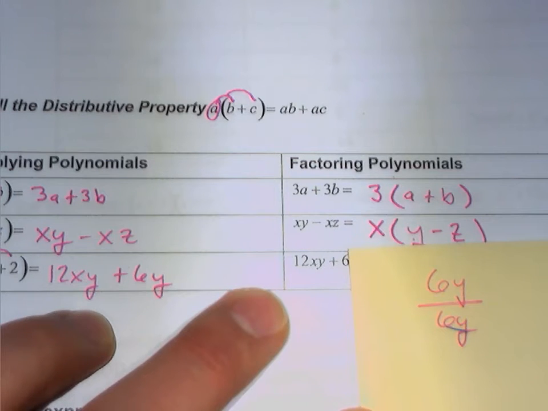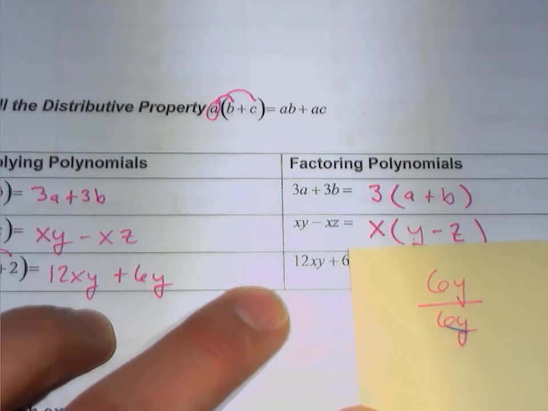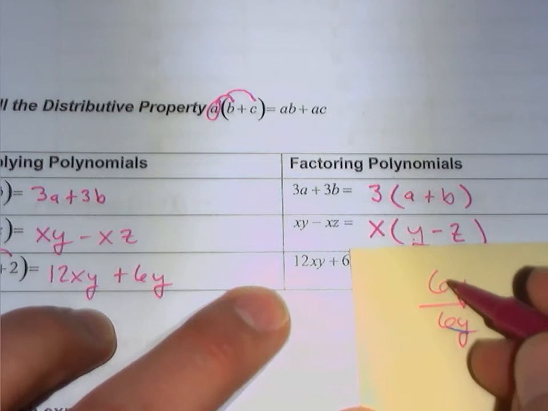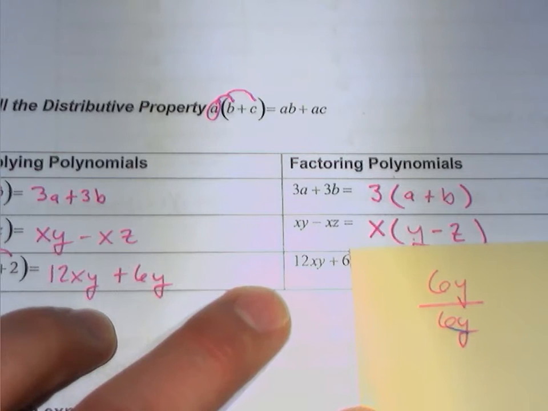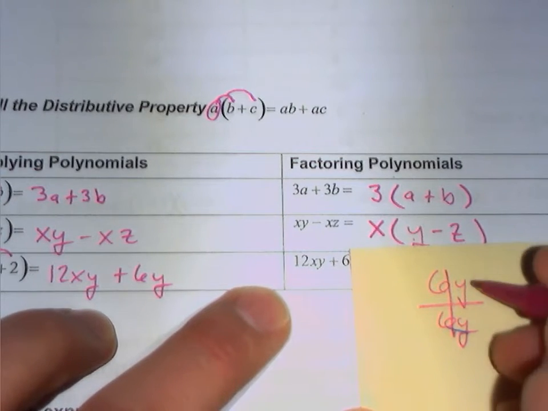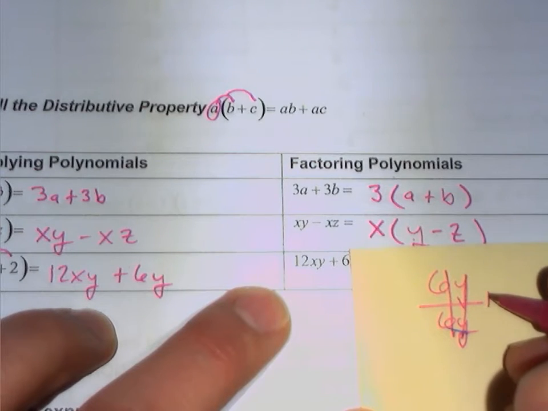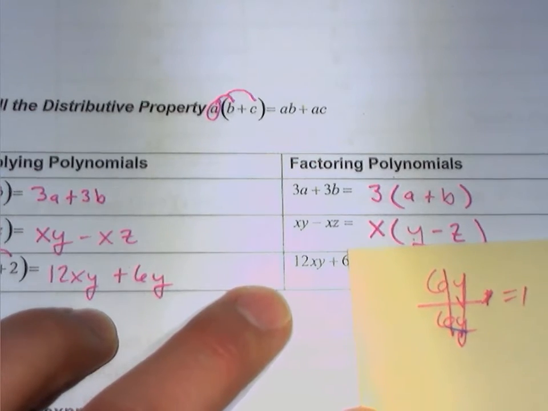What's 6 divided by 6? 1. Yeah, 6 divided by 6 is just 1. And what's y divided by y? 1. This is equal to 1.